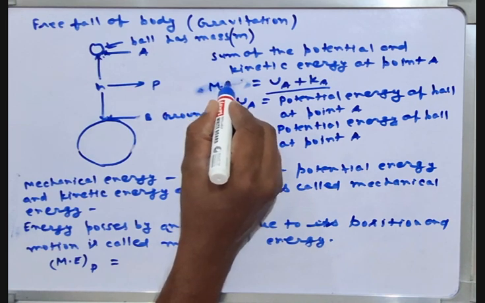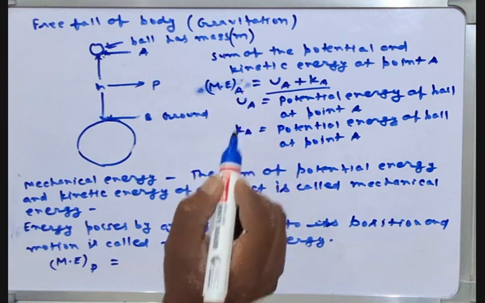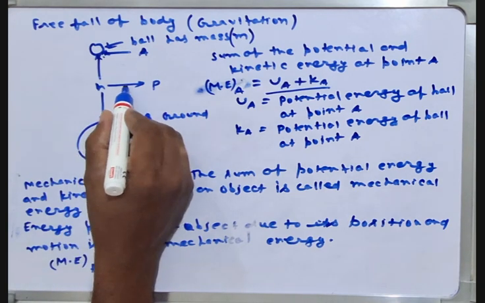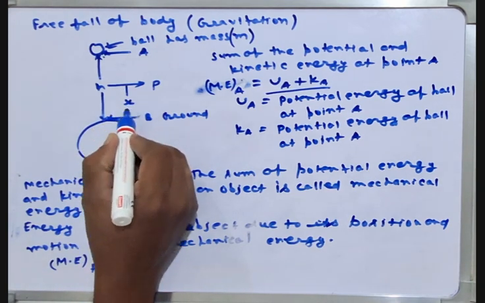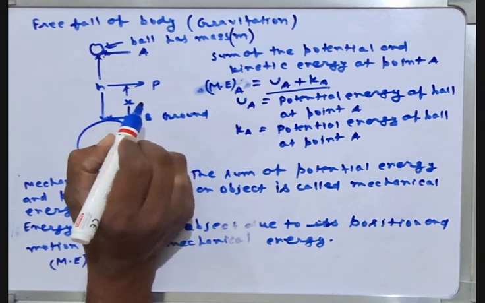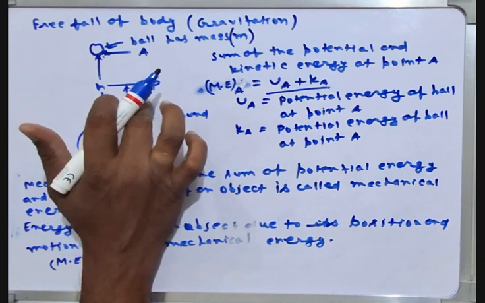Now at point P, suppose here an arbitrary or variable distance x from the ground surface.